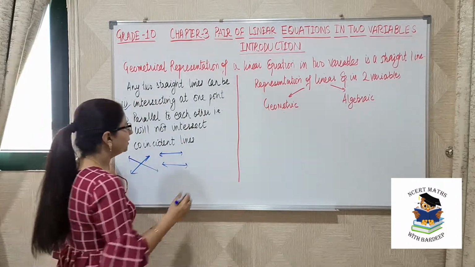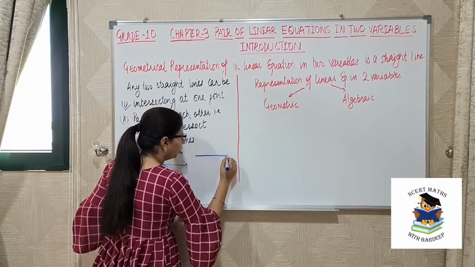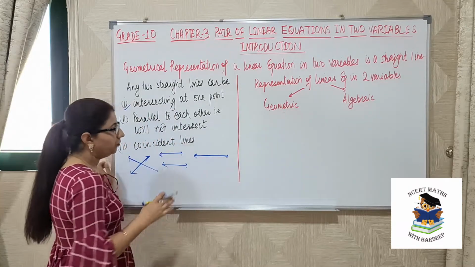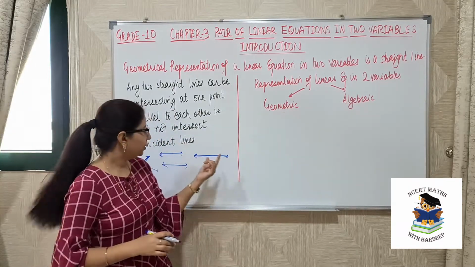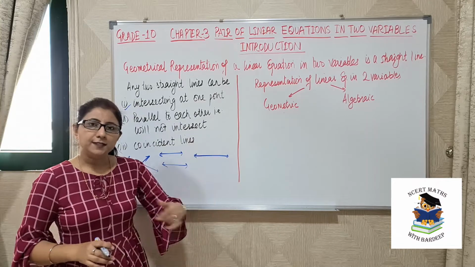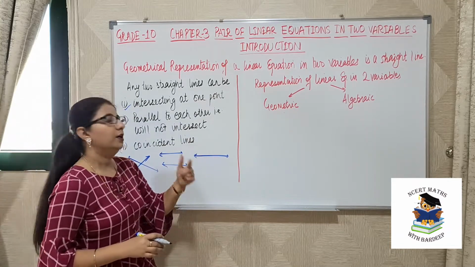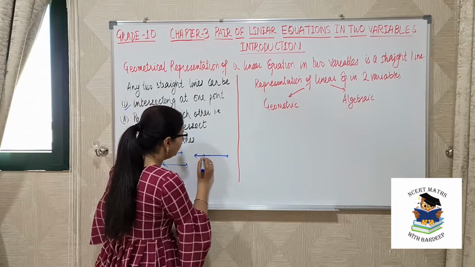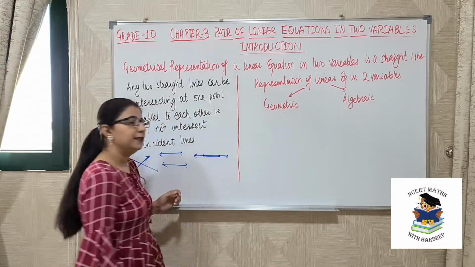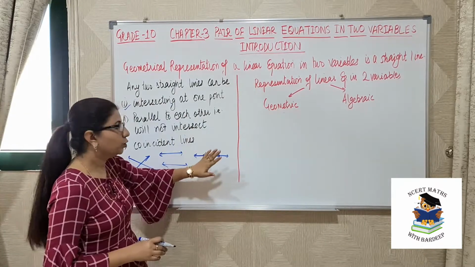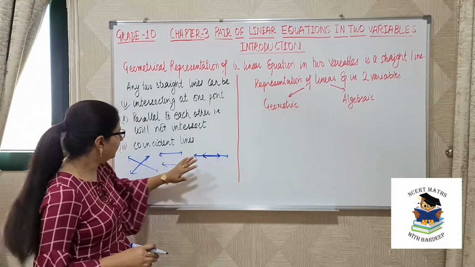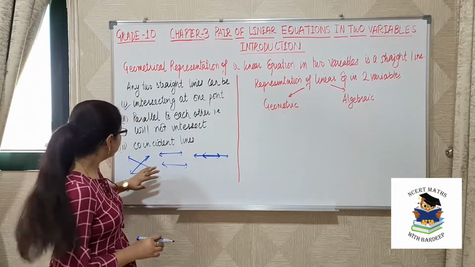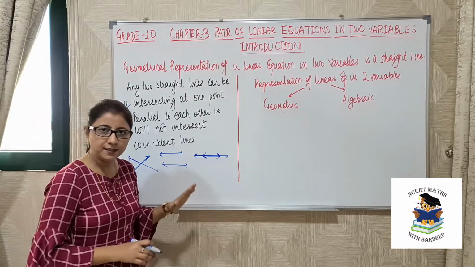And third is coincident lines. Coincident lines means if we draw the graph of one equation, we will get this, and the second straight line will merge on that. So the same points we will get for the second equation also. So these are coincident lines, these are parallel lines, and these are intersecting lines.